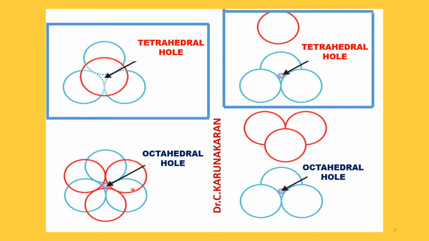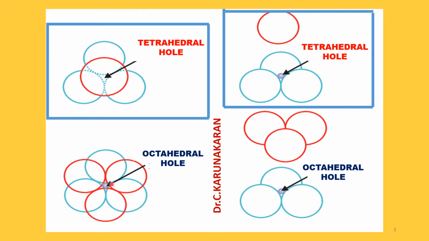Let us see how the octahedral hole is created. There are 3 atoms arranged in triangular manner, and another set of 3 atoms arranged in triangular manner and inverted, and there is a hole here. This is called octahedral hole, octahedral void or octahedral cavity, and the atom at this position is coordinated by 6 other atoms.